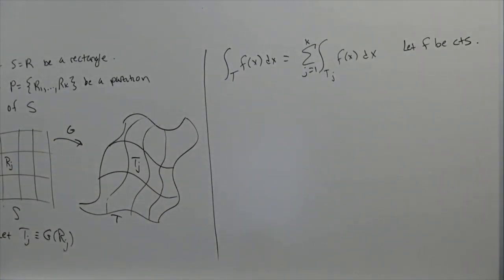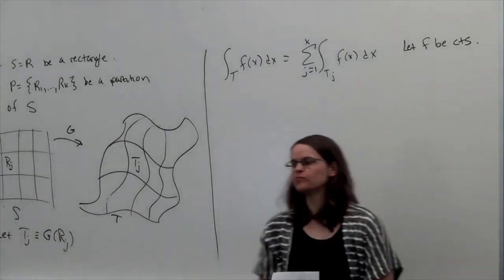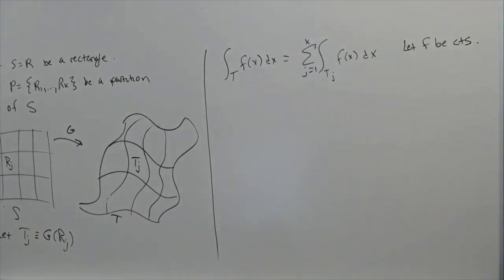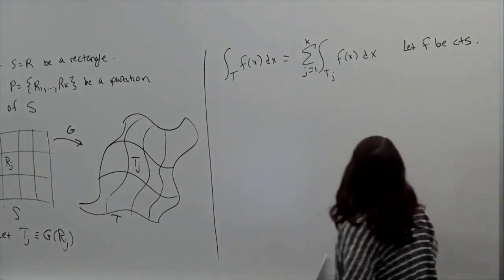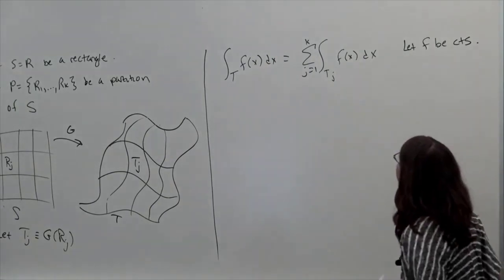Of course, if we had a piecewise continuous function, then we could decompose our domain into regions where it's continuous and do separate integrals that way and still maybe pull off our change of variables. And if we had something that's pathologically non-continuous, then we're probably in bad shape anyway. So this is not such a bad assumption.